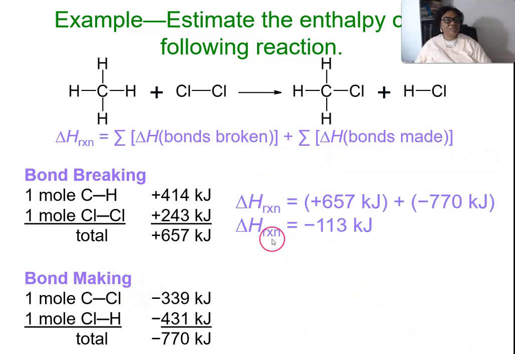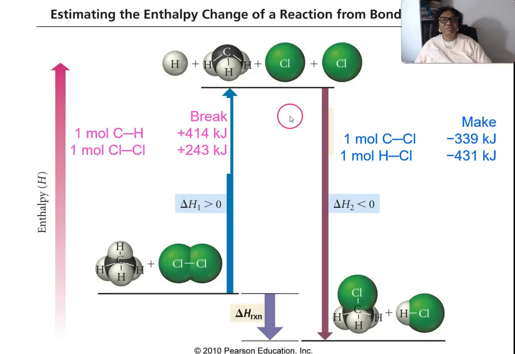Then our heat of reaction is minus 113 kilojoules. We can put it in an energy diagram. Delta H1 is greater than 0, then delta H2 is less than 0. You sum the two. It shows that heat is released. So delta H2 is lower in energy than delta H1. Heat is released.